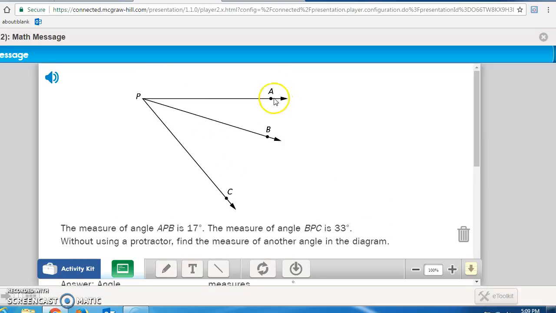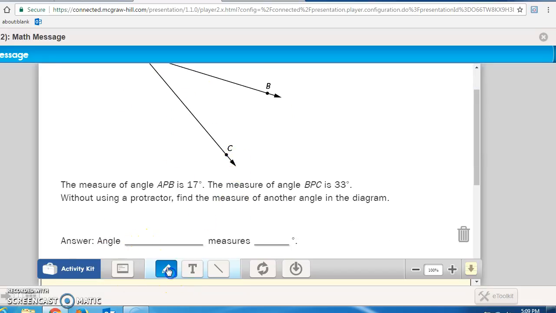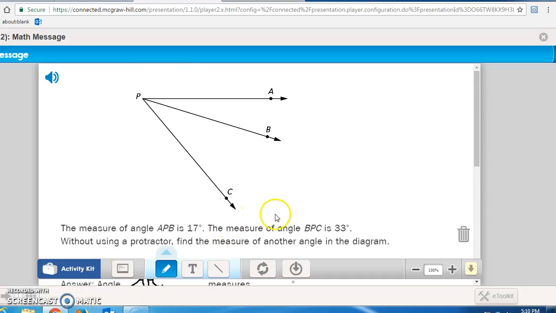Hopefully you're realizing that if A to P to B is one angle, and B to P to C is another angle, another angle you could find is A to P to C. So that's what you're going to write here. A, P, C. Remember, you can't use a protractor.